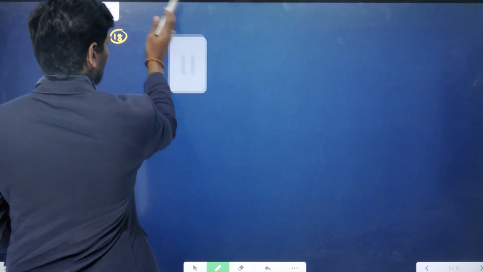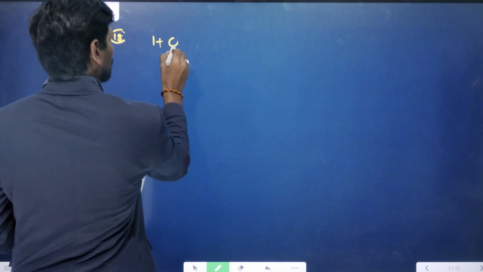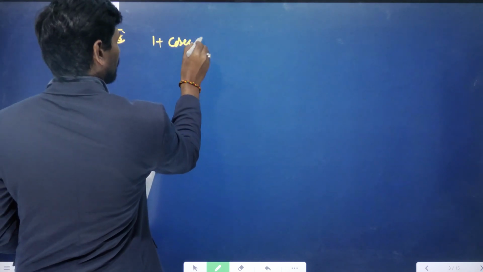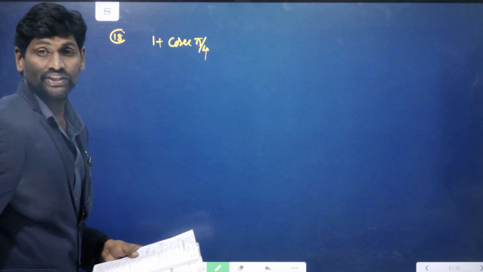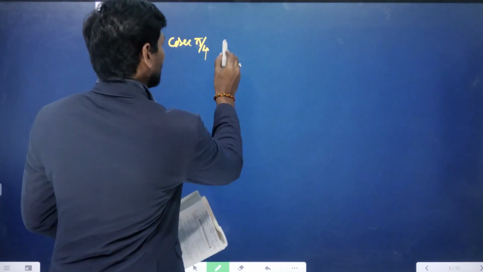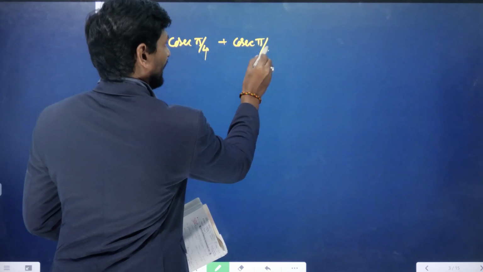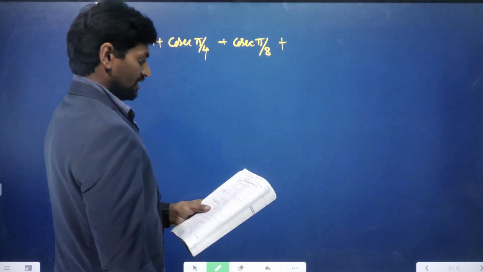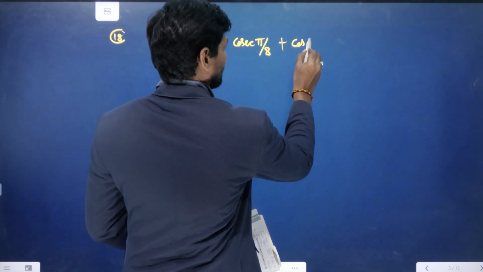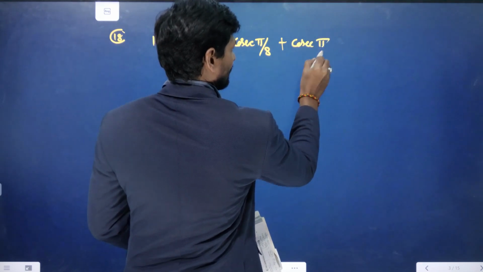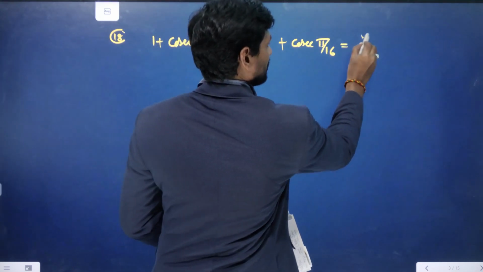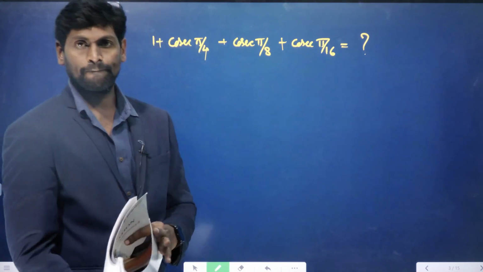1 plus cosecant pi by 4, plus cosecant pi by 8, plus cosecant pi by 16 equals to how much? This value we need to find.